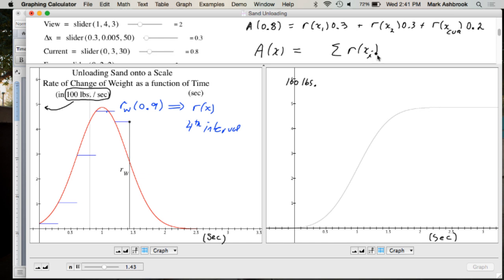It would be the sum of all the accumulation from the completed intervals plus the R in the current interval, good, times dx. We think of dx as a variable in the current interval: how far into the current interval are we? And that changes. It starts at 0 and goes all the way to 0.3, and then we get to the next interval, and that dx goes from 0 to 0.3 again.